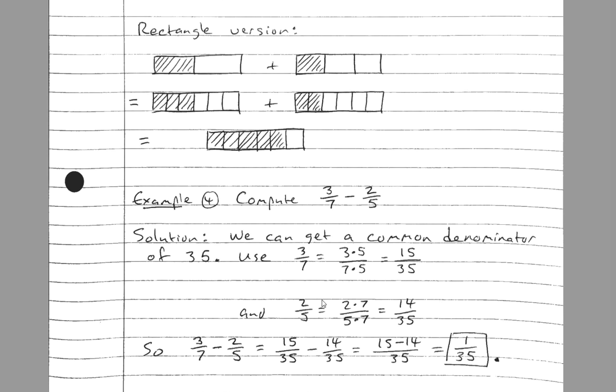And for the second guy, yeah, we want 35 on the bottom, so multiply by 7 and do the same on the top. Okay, so 2/5 is equivalent to 14/35. And again, now subtract the like fractions. 15 minus 14 is 1. So 1/35.